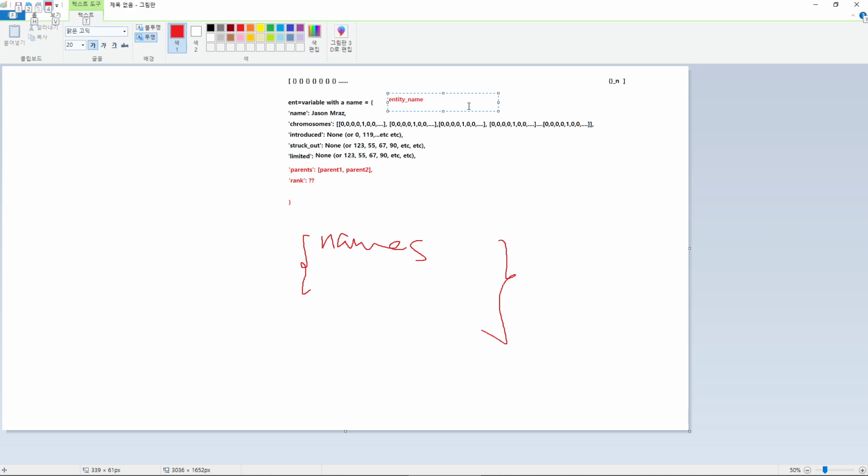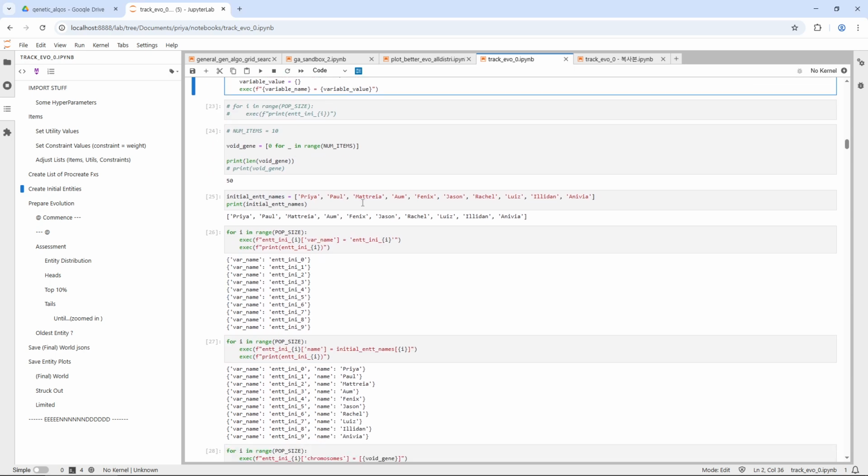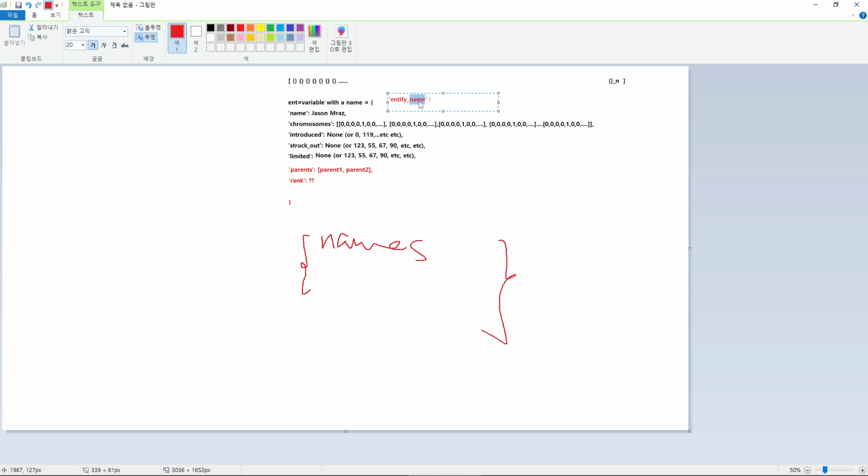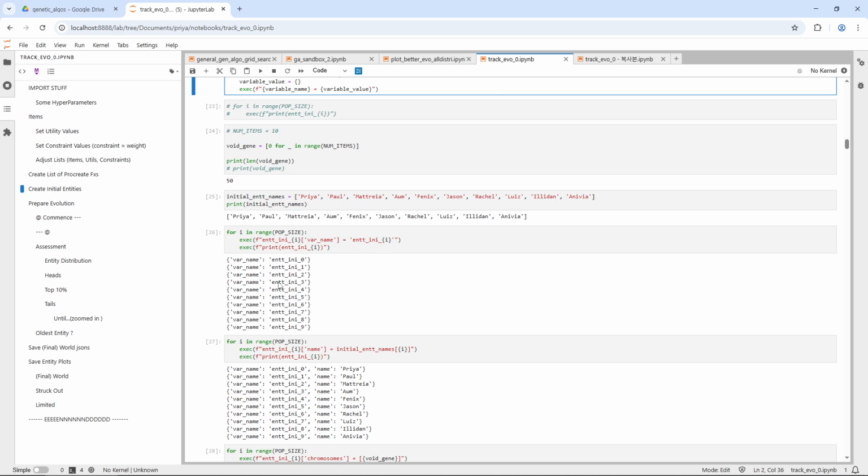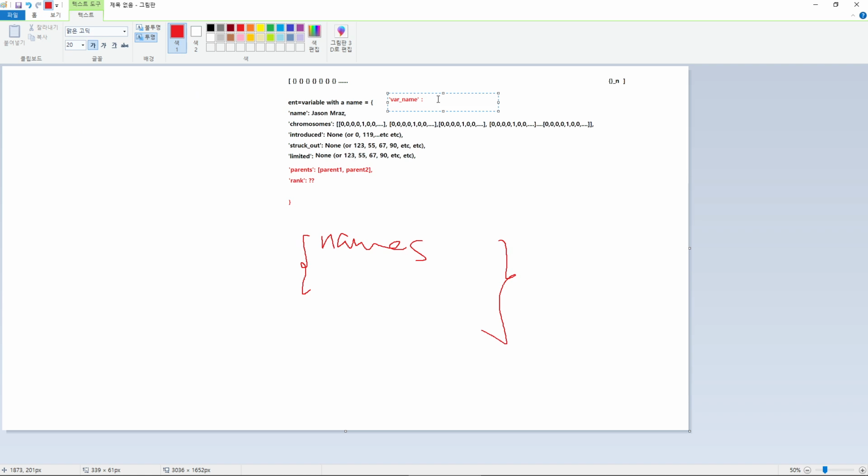Is that right? This entity name would actually be var name, short for variable name, and it would be the name of the variable. It would go something like ent_ini_0, as in it's one of the initial ones.